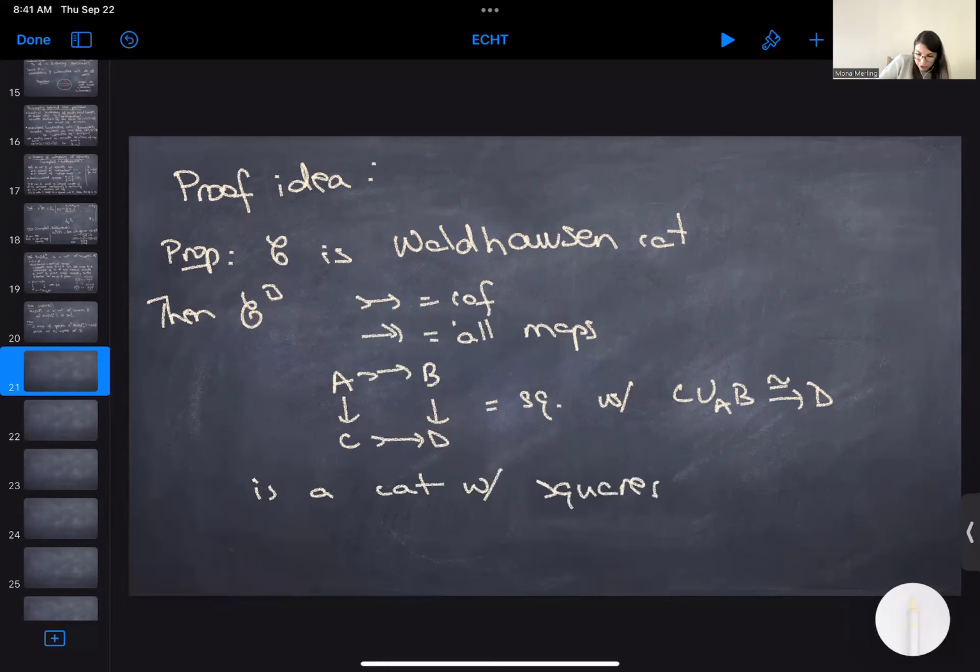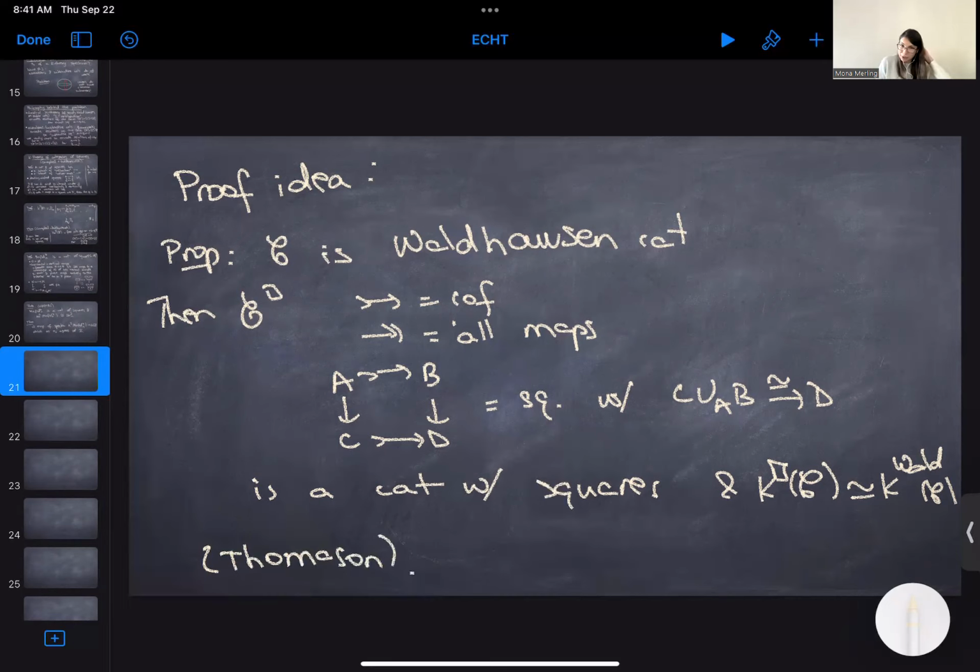So this is how you recover K-theory of Waldhausen categories, and K of C is K-Wald of C. So it's the classical S-dot construction. This is really secretly due to Thomason, and it shows up in Waldhausen's paper. Of course, they don't talk about categories with squares, but Thomason had this alternative construction of the S-dot construction, which is basically this. And then the rest of the idea of the proof is to reduce to Mayer-Vietoris.